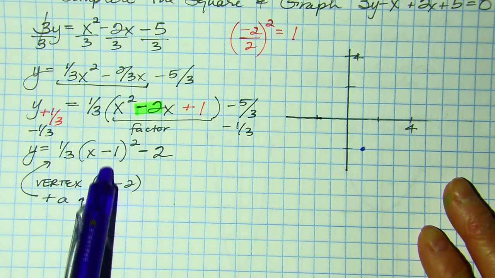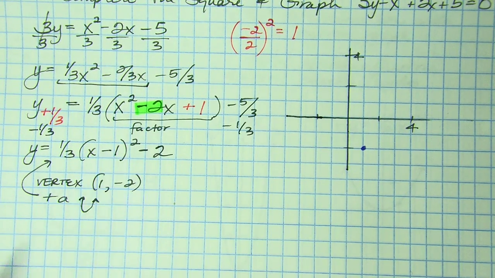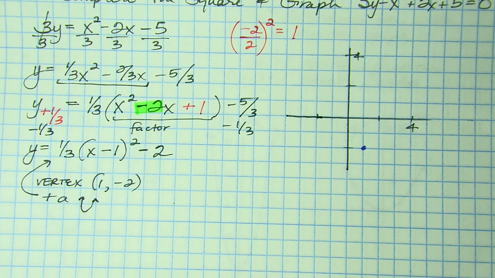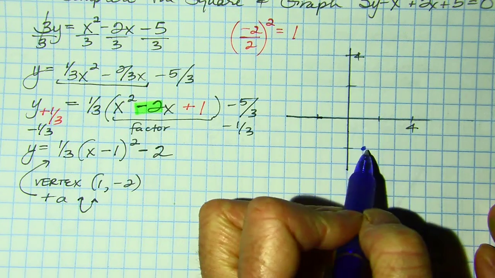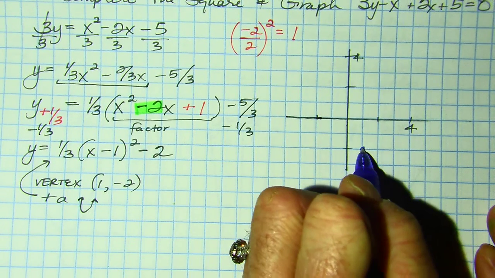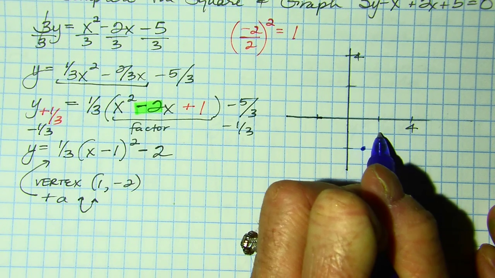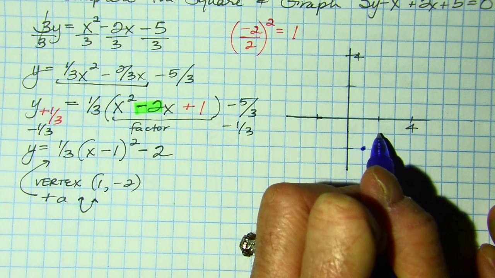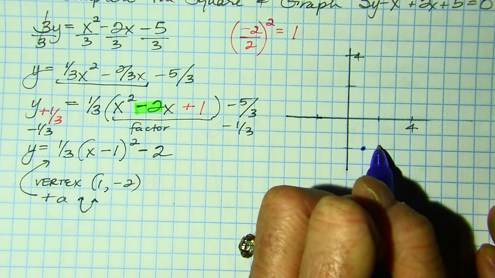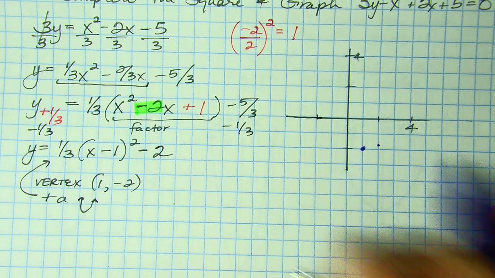Remember, h is opposite because this is x minus, the h is the 1. And then I have a negative 2, and I'm pointing up. So starting from my vertex, if x is 1, 1 squared is 1. But I'm dividing it by 3, so I should just get 1/3.